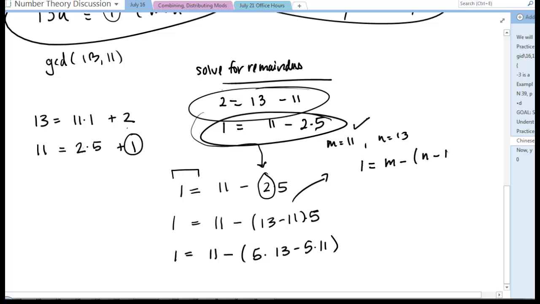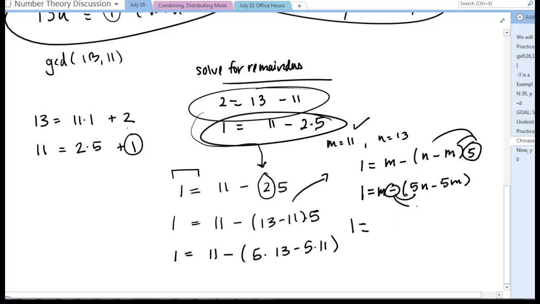n minus m times 5. So we've got 1 is equal to m. I'm going to distribute the 5 because it's on the right, minus, sorry about that, minus. And so I've got this subtraction.